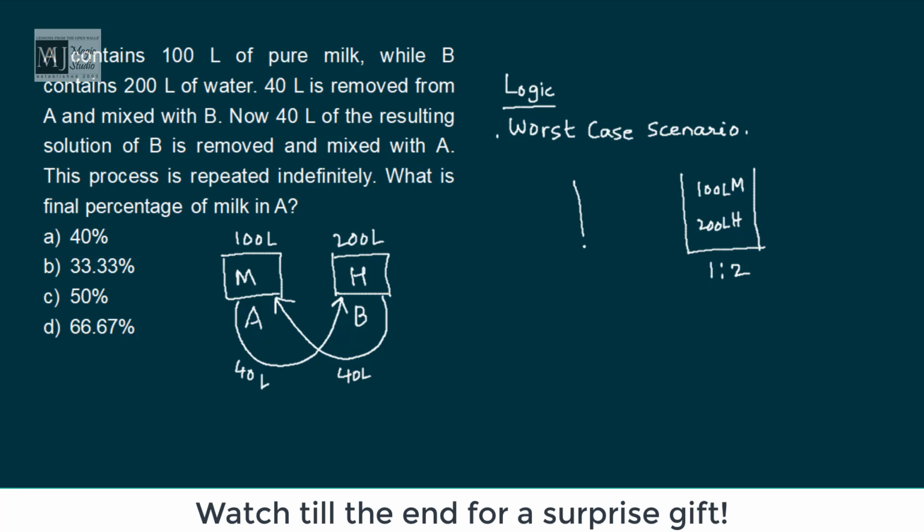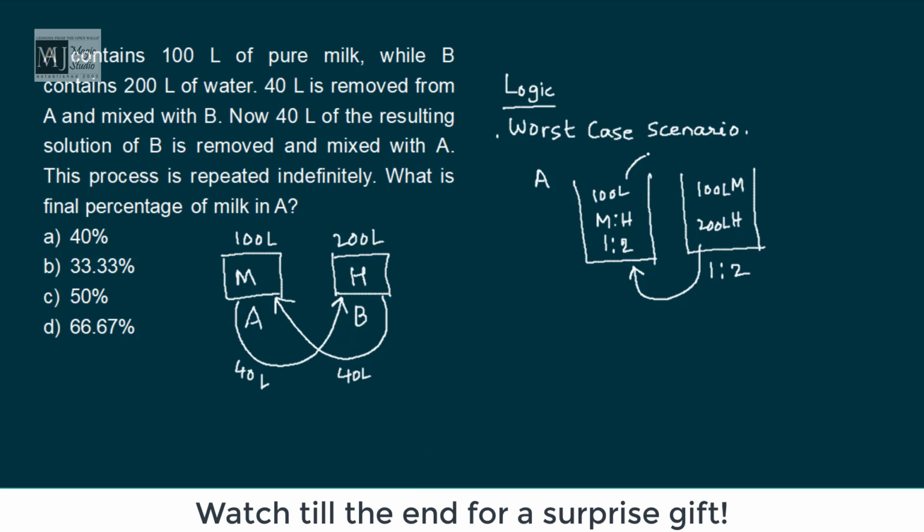Now, if I transfer 100 liters of the mixture from here into this empty jar A, I'll have 100 liters of mixture, and here milk and water would be in the ratio of 1:2 again.